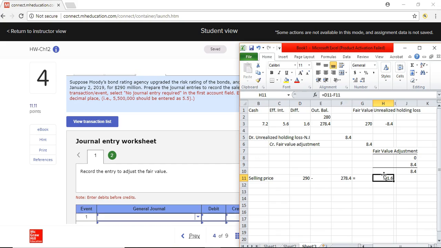Okay. So we need to make this fair value adjustment account go from a credit 8.4, which is a loss, to a gain, which is a debit $11.6 million.